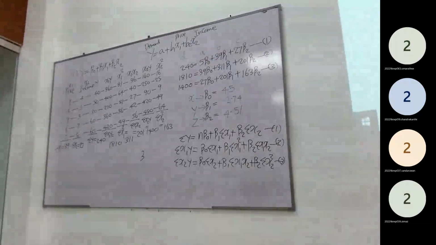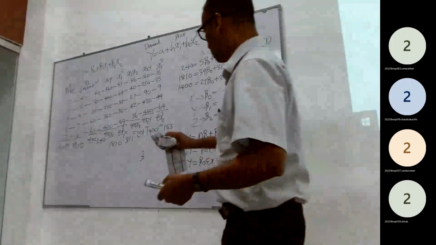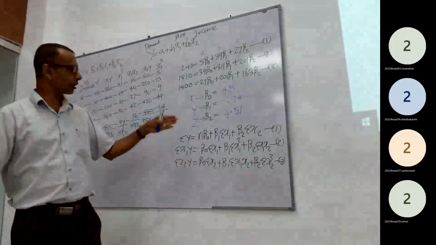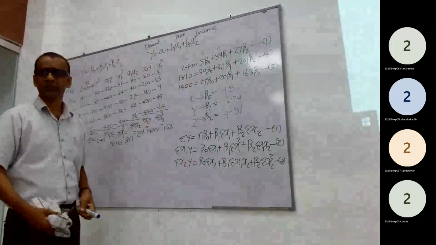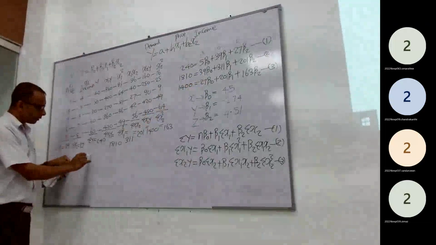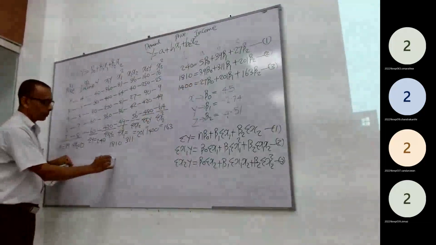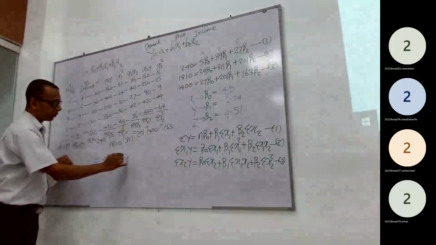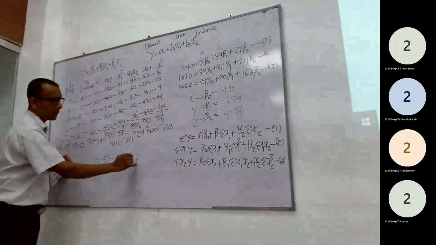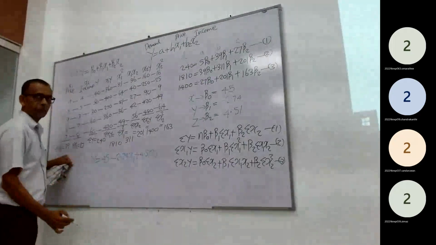Okay, then I can write my model. We are not expecting you to solve this simultaneous equation manually. You are aware, but no need to spend more time. Then write your model: y equals 45 minus 2.74 x1 plus 4.51 x2.